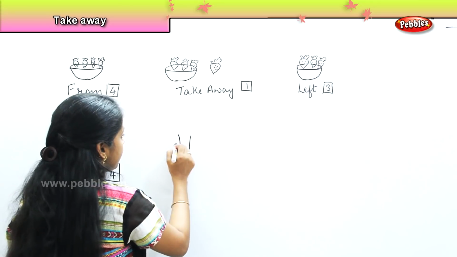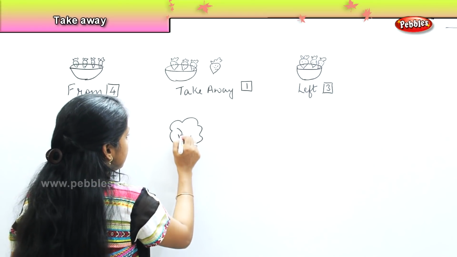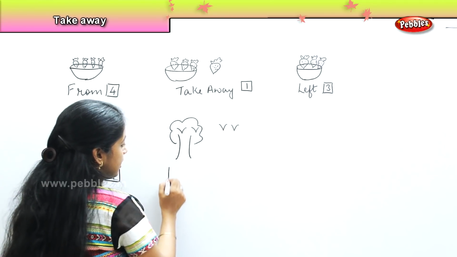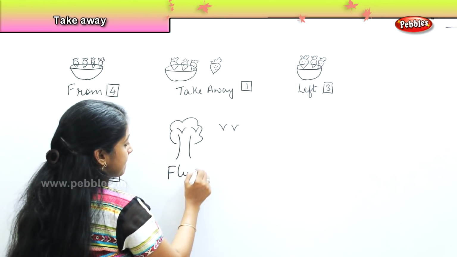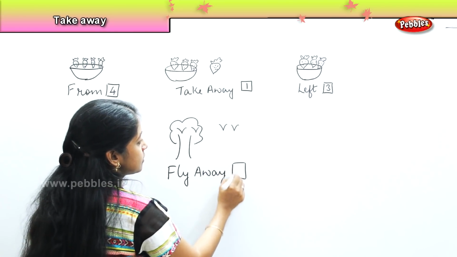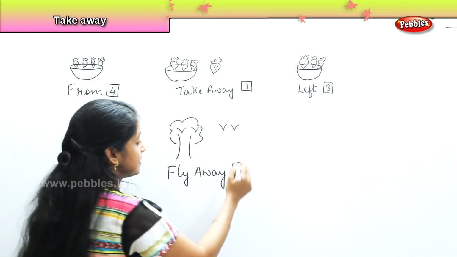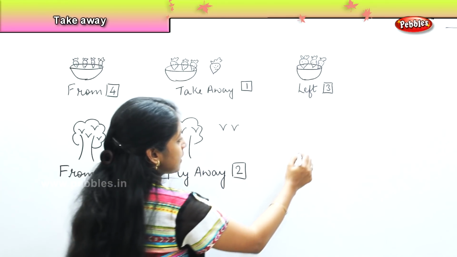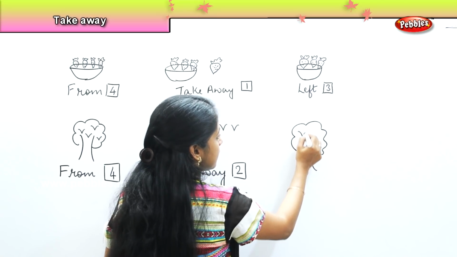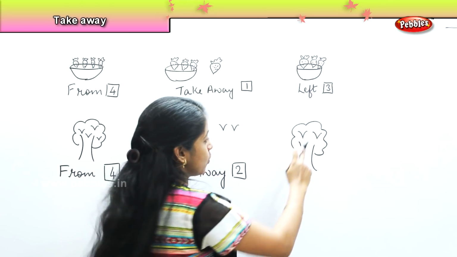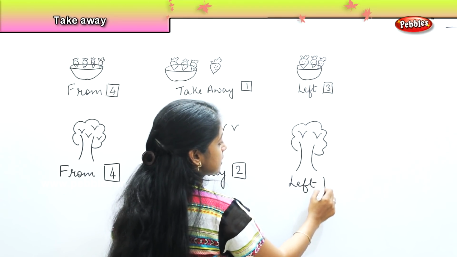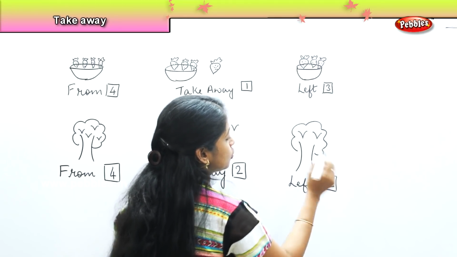Now, from this tree, 2 birds fly away. So, what is the number here, children? It is 2. So, how many birds are still sitting on the tree? It is 1 and 2. So, the answer, the left answer, is 2.